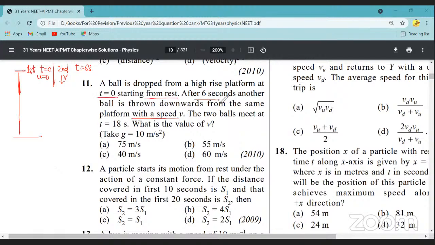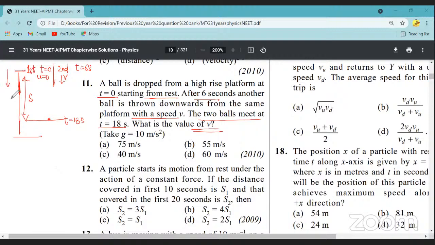The two balls meet at 18 seconds. At 18 seconds they meet somewhere here. Let's say this distance is s. So he's asking what is the value of v. Okay, the s of both is equal, so we will write s for both and equate them. For the first, s will be ut plus half at square.